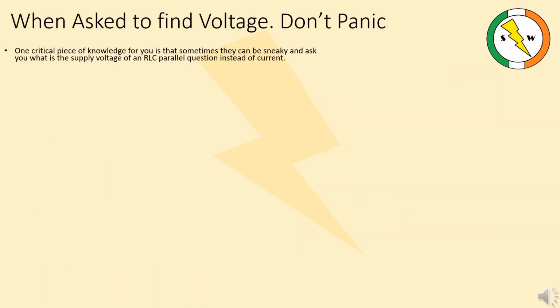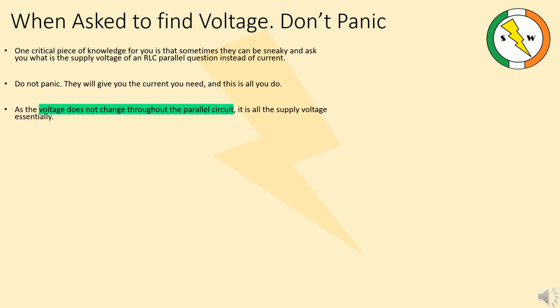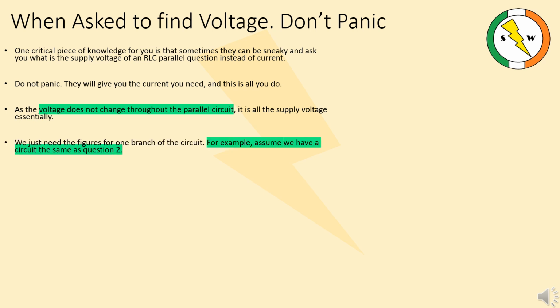One critical piece of knowledge for you is that sometimes they can be sneaky and ask you what is the supply voltage of an RLC parallel question instead of current. Do not panic. They will give you the current you need, and this is all you have to do. As the voltage does not change throughout the parallel circuit, it is all the supply voltage essentially. We just need the figures for one branch of the circuit.